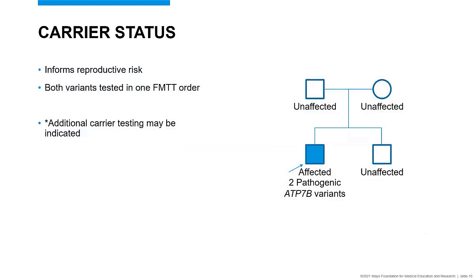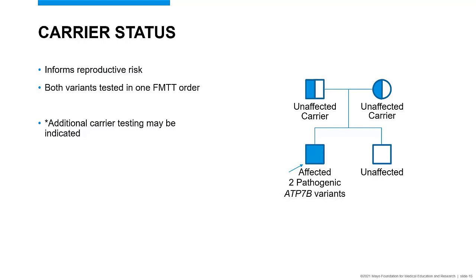Similar to cascade testing, carrier testing via FMTT may be performed based on a family member's test result. This is often used for reproductive decision-making. In this example, the patient is diagnosed with Wilson's disease, which is an autosomal recessive condition caused by biallelic pathogenic variants in ATP7B.